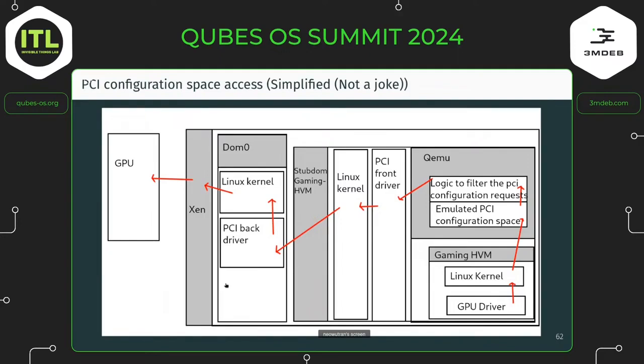Then it goes to QEMU. QEMU will apply some logic and filters. Then the call goes to the PCI front driver of the subdomain VM. Then the call goes to the PCI back driver of DOM0. Then the call goes to Xen, and then the call goes to the hardware.